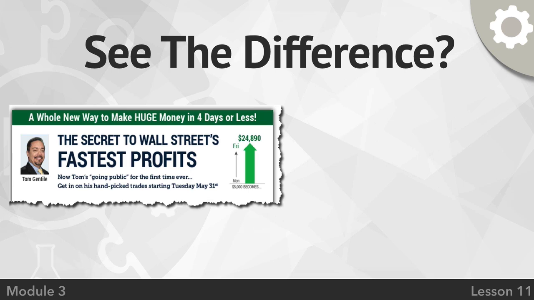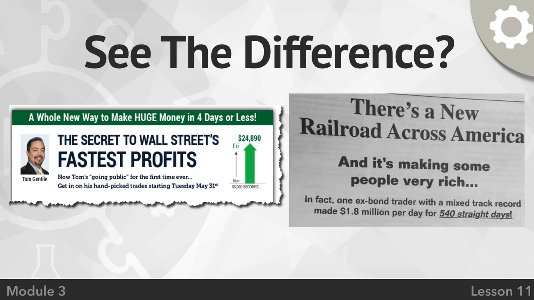Take a look at the difference between these two campaigns. On the left, we've got a campaign or an idea that says The Secret to Wall Street's Fastest Profits. Right? A very simple, plain vanilla, ordinary idea. This is a product that's selling a financial investing newsletter, a $47 a year newsletter. The same thing that the ad on the right was selling.